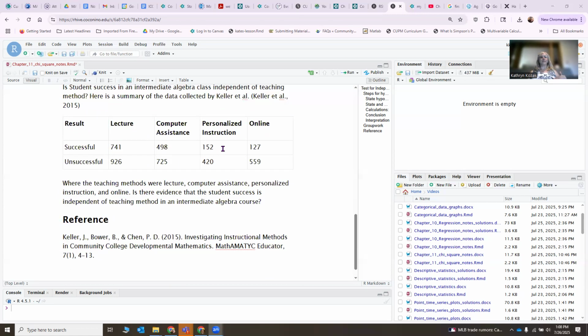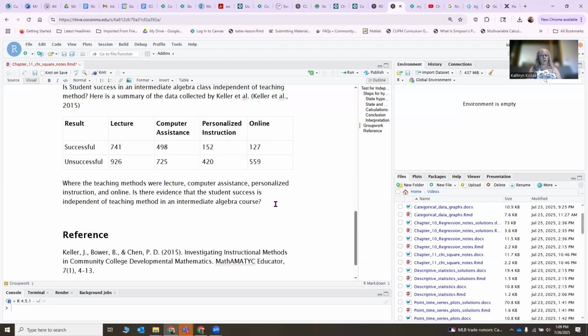In personalized instruction, you had 152 who were successful, 420 who were not. In an online class, you had 127 that were successful and 559 who were not. The teaching methods were lecture, computer-assisted, personalized instruction, and online. Is there evidence that a student's success is independent of the teaching method in an intermediate algebra course?